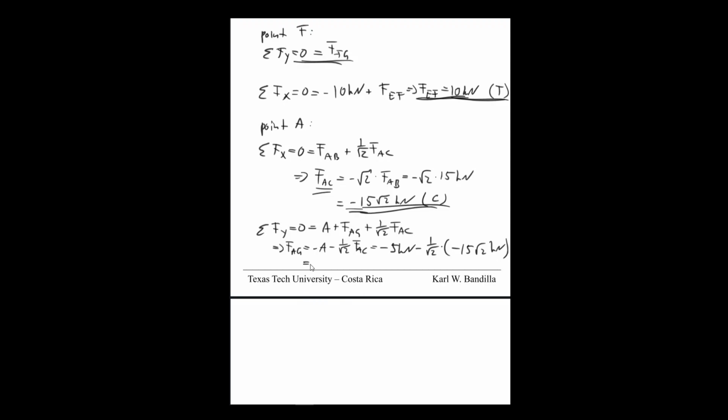Yep, that's going to be tight. So that would be minus 5 kilonewton minus and minus is plus. The square root cancels out, so it would be plus 15 kilonewton is equal to 10 kilonewton positive, so tension, FAG.